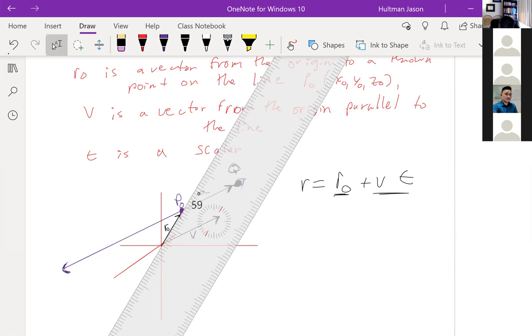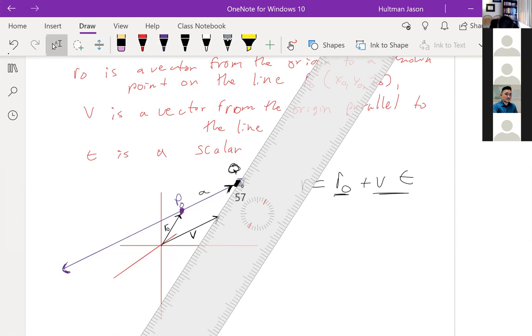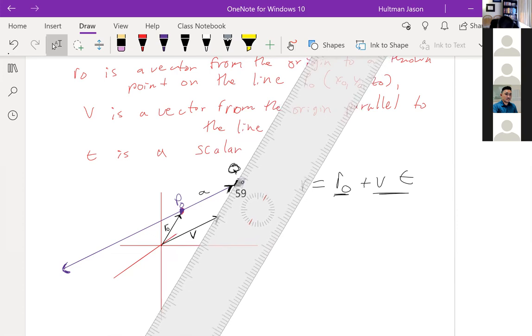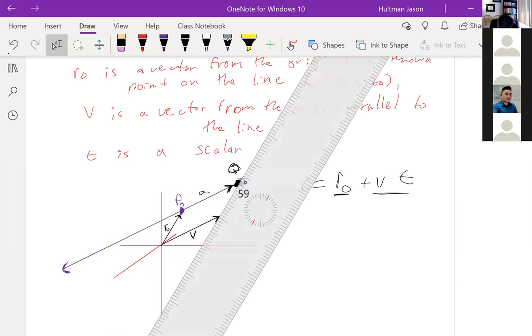What is that, like 59 degrees? Okay, so move this over just a little bit. Do you see my parallelogram now?